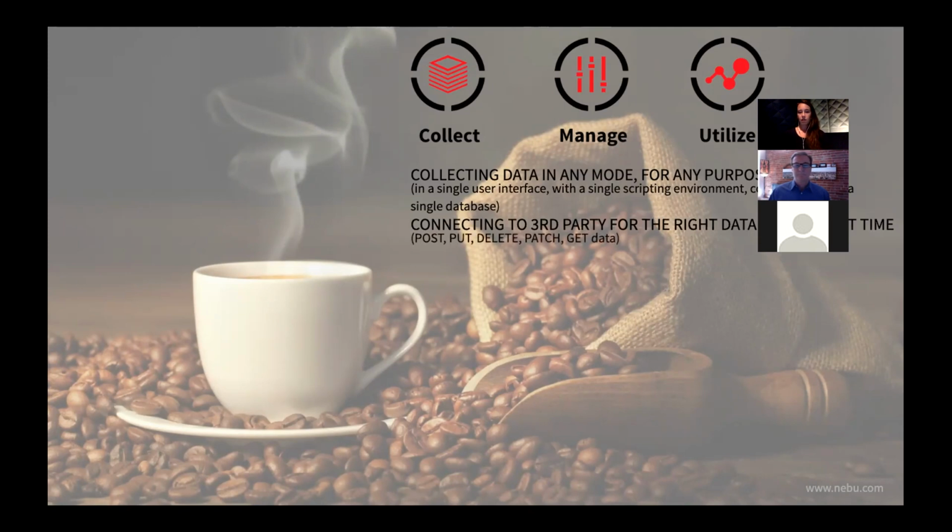With our advanced HTTP request call, there are a few things you can do with your data. You can post, put, delete, patch, get data. So it's really flexible. And whatever we show you today is just to inspire you. Really, the sky's the limit. We can do much more together, depending on what you need.